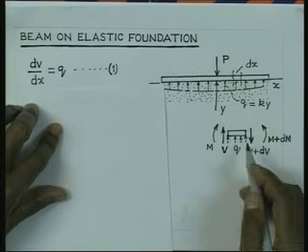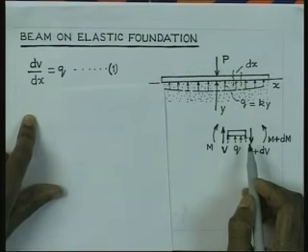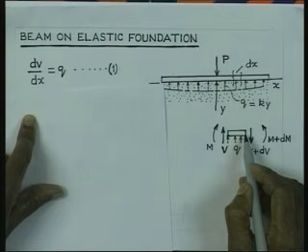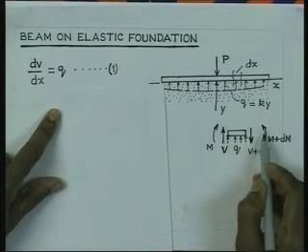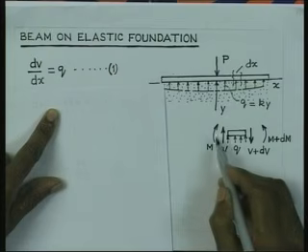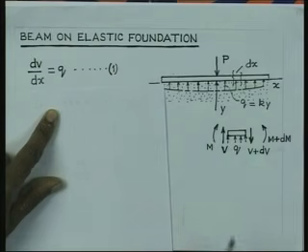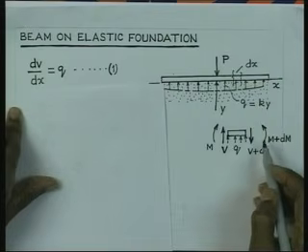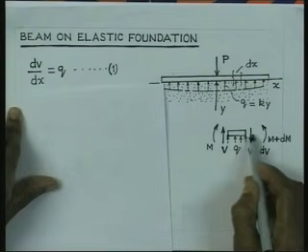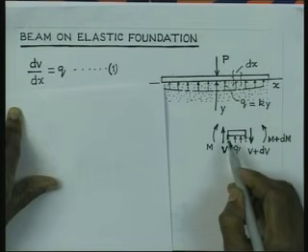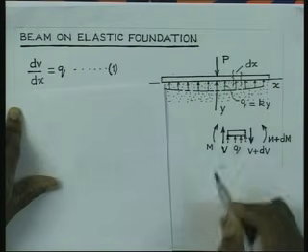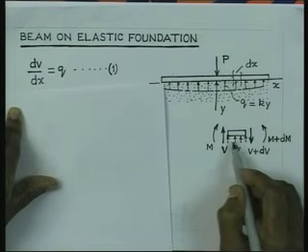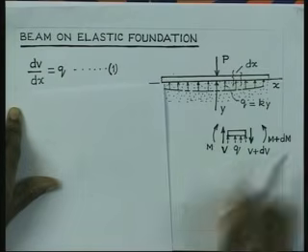Similarly, if we consider the moment equilibrium, let us say that anti-clockwise moment is positive, then this will be acting clockwise. So, the differential moment is dM. That dM is now balanced by, if I consider moment about this point, V into dx, and then q into dx by 2, they are acting in the same direction.